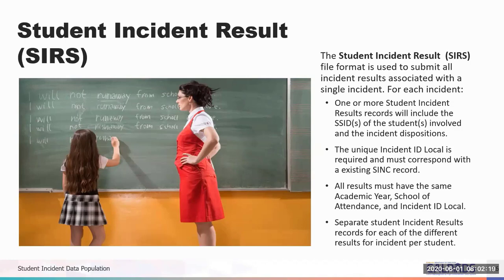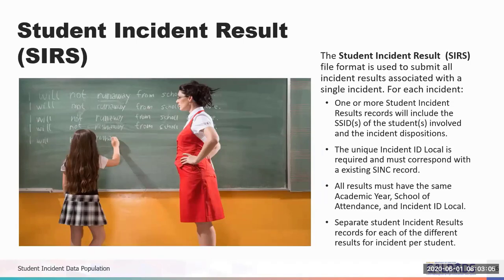The student incident results file format is used to submit incident results associated with a single incident. For each incident, one or more incident results may be submitted per student. The unique incident ID is required to correspond with each existing SINC record. All students must have the same academic year, school of attendance, and incident ID to be shared in the incident.